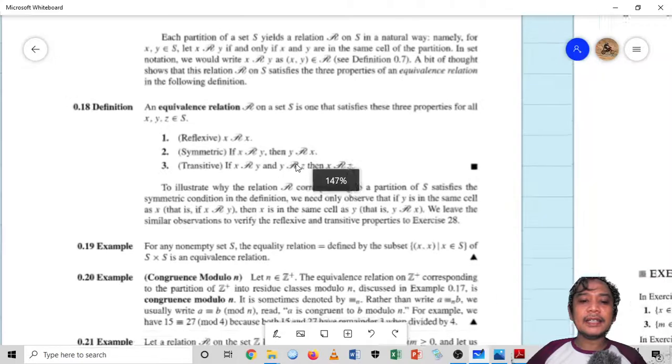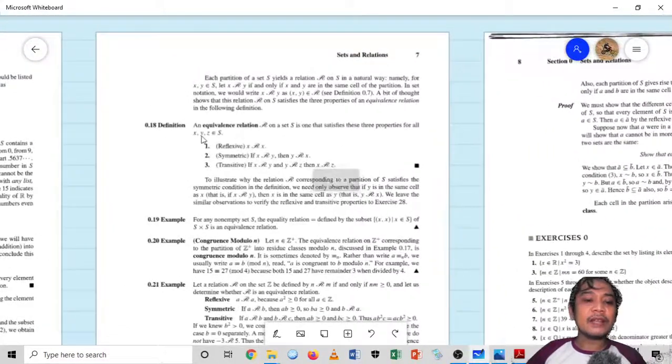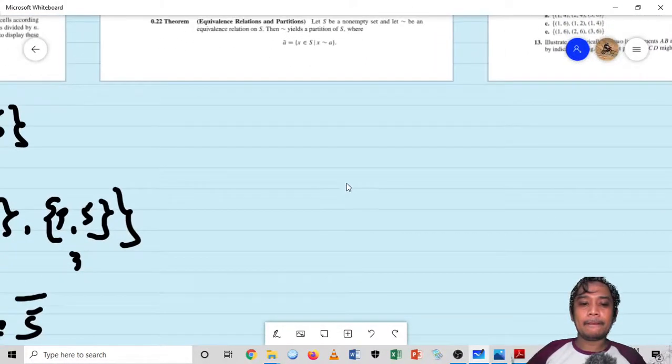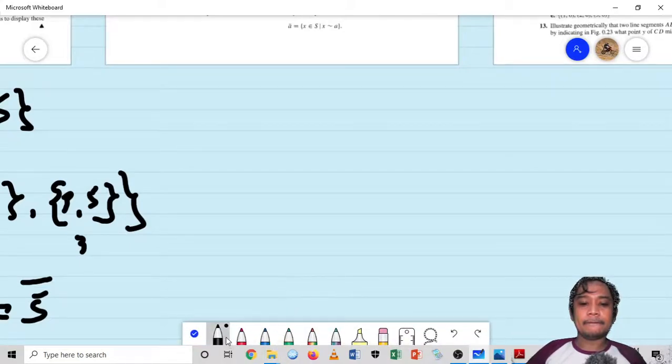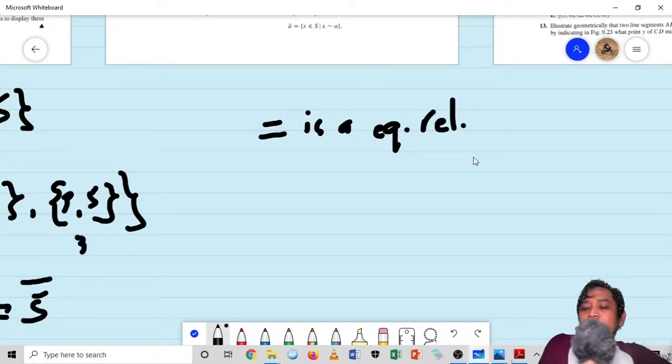Notice that the relation of equality is an equivalence relation. Why?